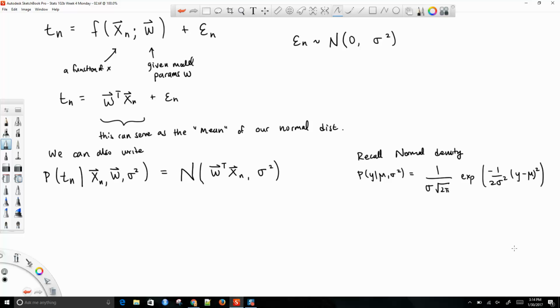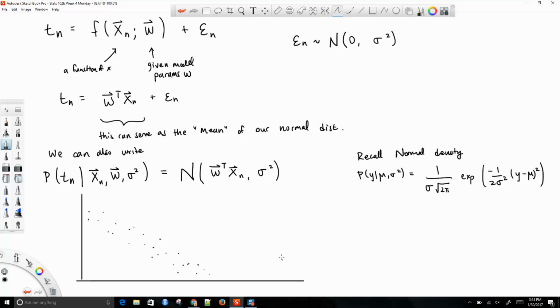Is everything so far so good as far as what we're modeling? Visually, let's say we have some kind of data like this.